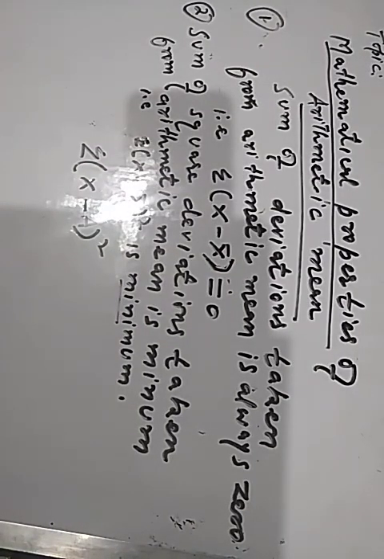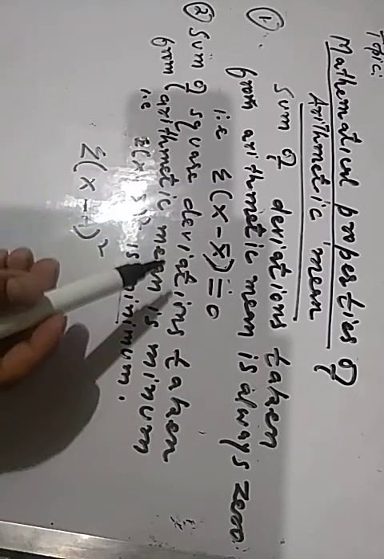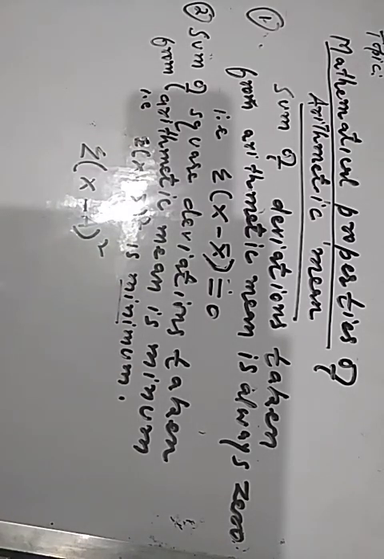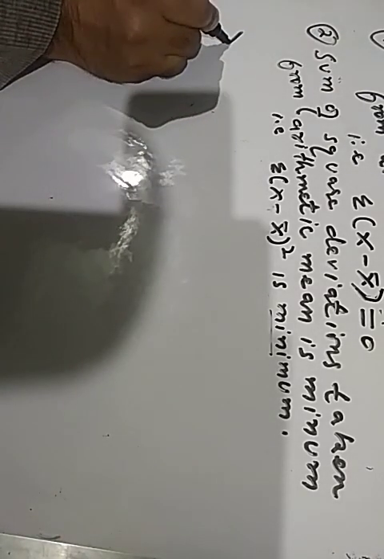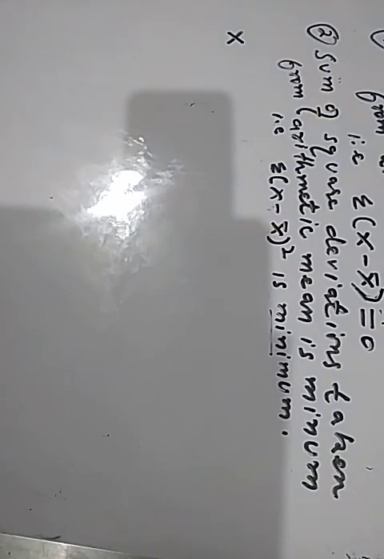We will take an example, and with the help of that example we will prove these two properties of arithmetic mean. For example, the variable is denoted by x.